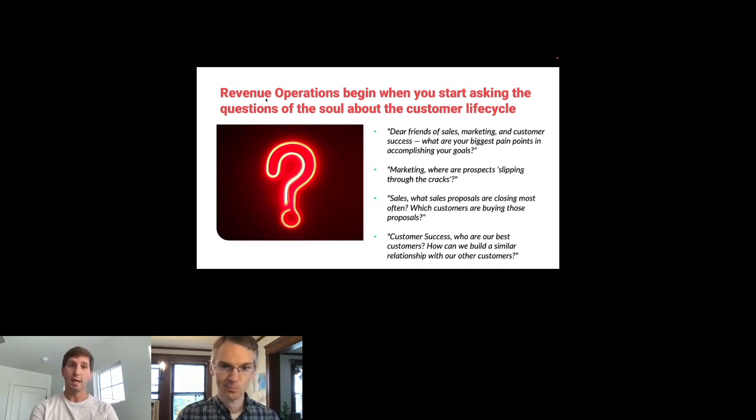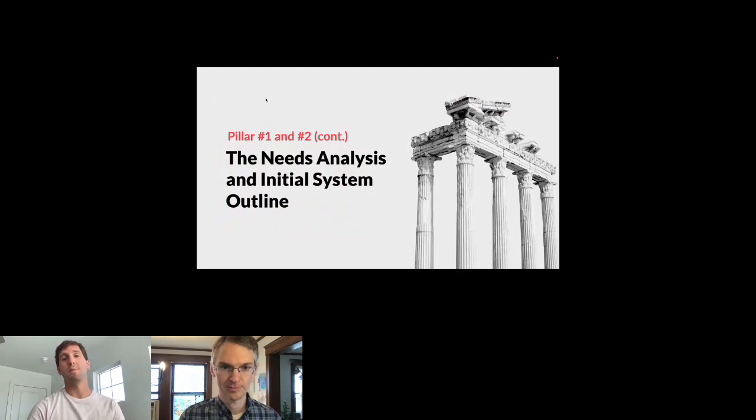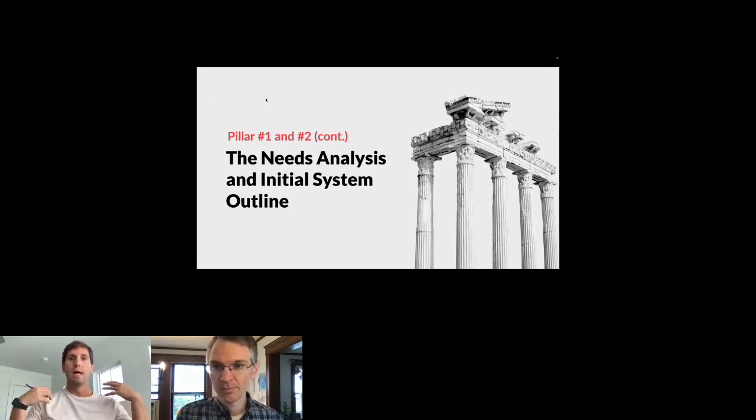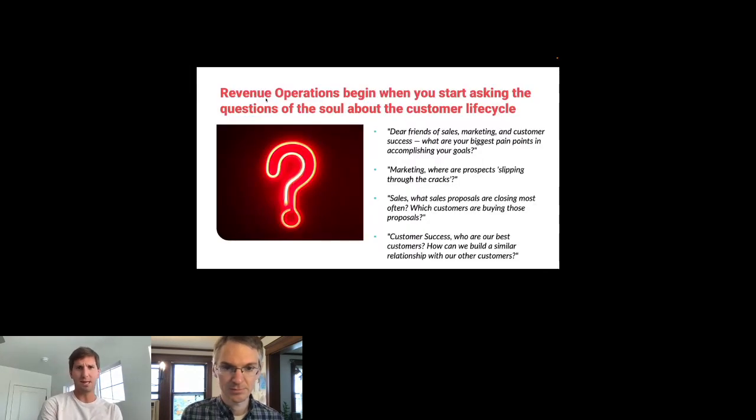And second, as part of an initial system outline, which we'll talk a little bit more about, your role is to codify everything that people are telling you and turn it into a document that outlines and prioritizes how we are going to solve these bottlenecks. So let's start by talking about needs analyses and question asking.